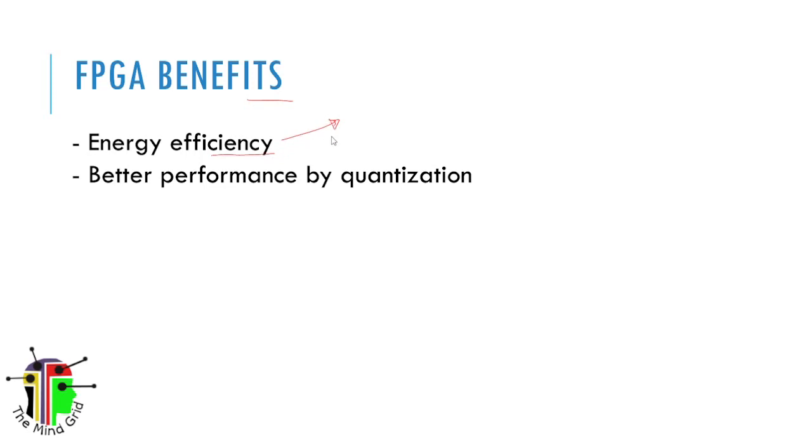The advantage is that you can optimize what operations you do. You may not be able to do the 32-bit floating point that the GPUs are doing, but you may be able to intelligently trim the weights and biases that you have programmed in the neural net.